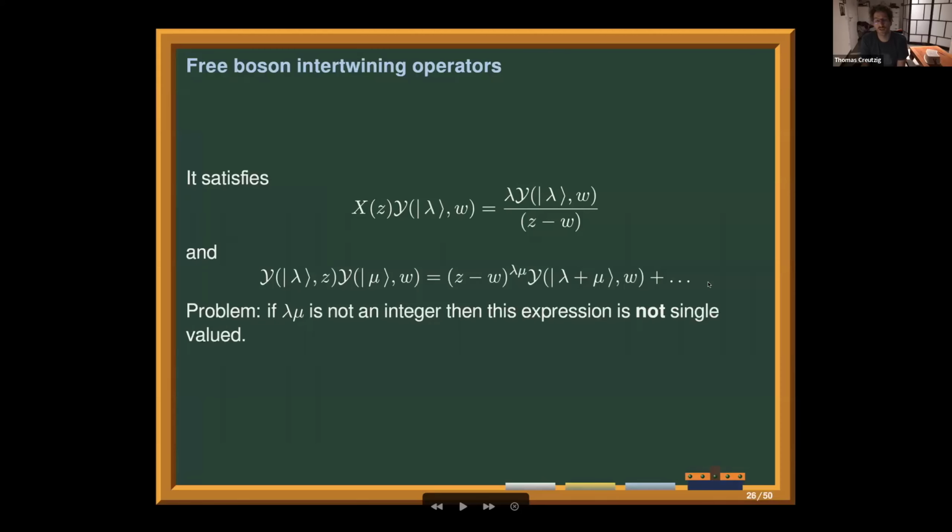Because what does one want? One always wants single-valued functions. One doesn't like these monodromies, because that means simply that the field is not well defined on my Riemann surface. So this is the problem here, but also we are simply starting to construct the conformal field theory. We do it step by step.